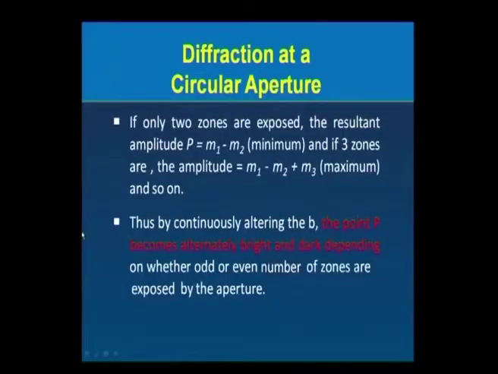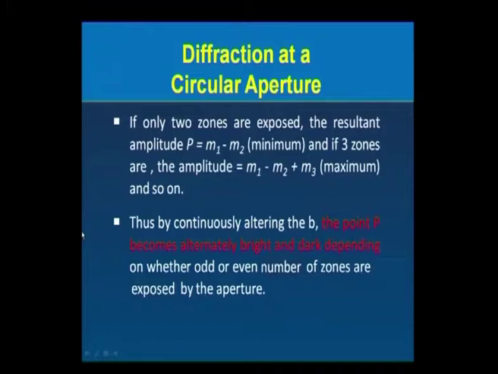to maximum intensity. Therefore, depending upon the point P, the central point, depending upon the distance that separates the wave front or the aperture and the screen, and depending upon the number of zones, odd or even, 2 zones will give rise to minimum, 3 will give rise to maximum.